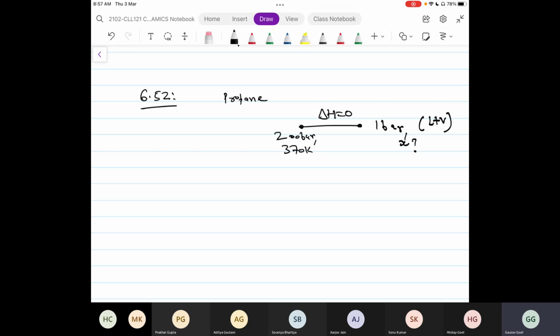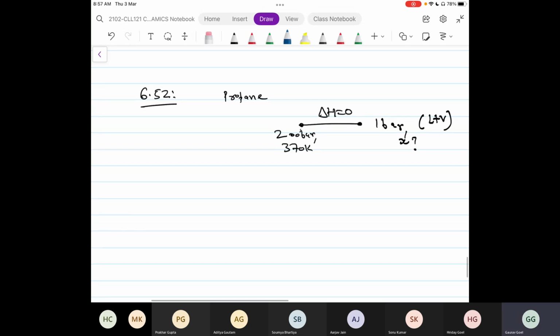So again, the question boils down to being able to calculate enthalpy changes. So choose a path, calculate the enthalpy changes. That is the protocol we are going to follow. So from this initial state of 200 bar and 370 Kelvin, I go to an ideal gas at 200 bar and 370 Kelvin.